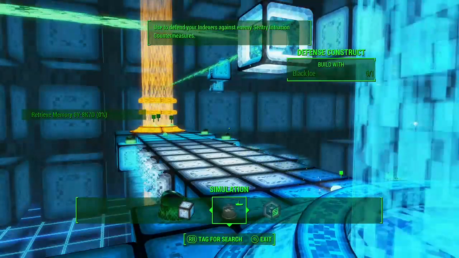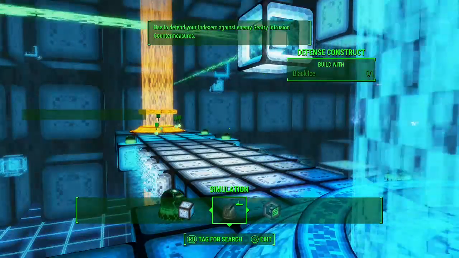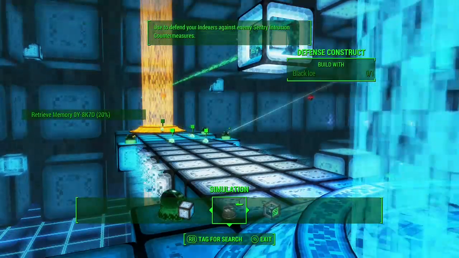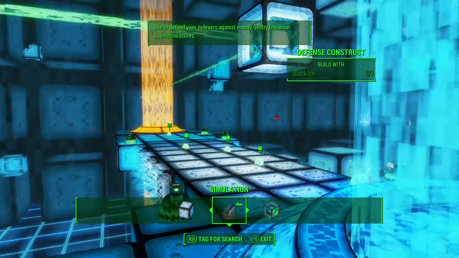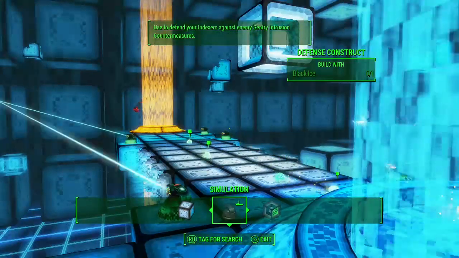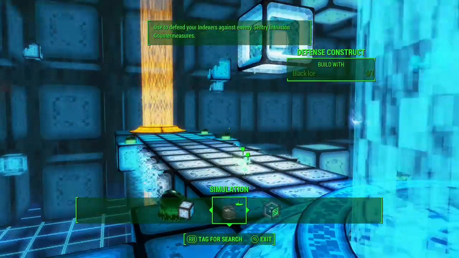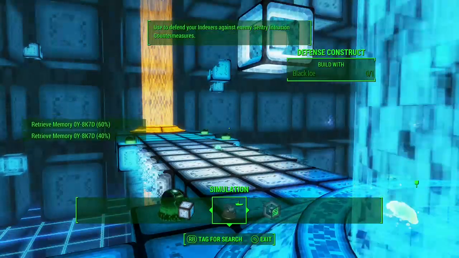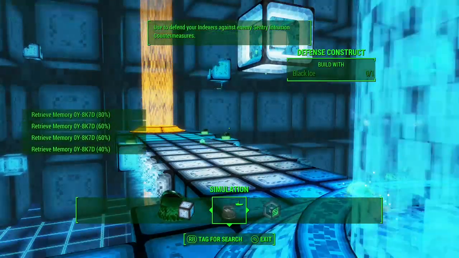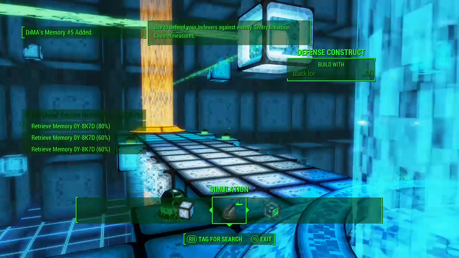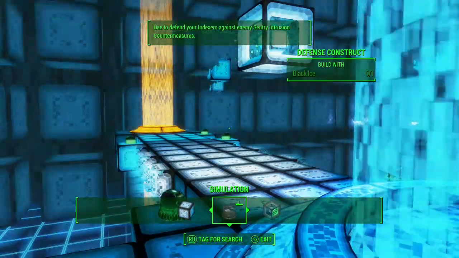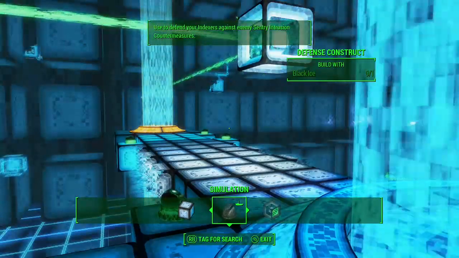Security alert. Intrusion detected in long-term storage. Sentry initiating erasure of intrusive indexer. Another data block retrieved. One more to go. Complete memory retrieved. You can exit the simulation at any time.